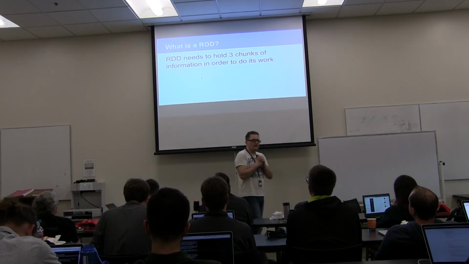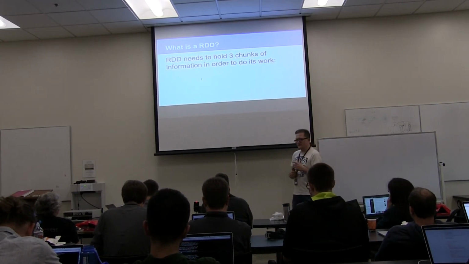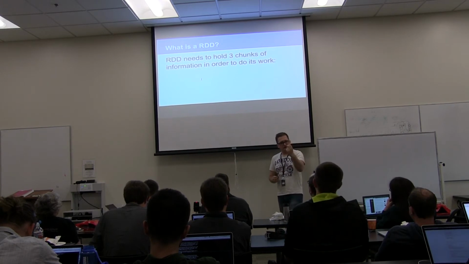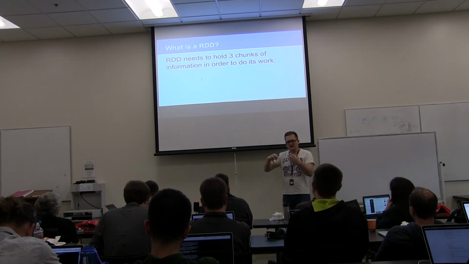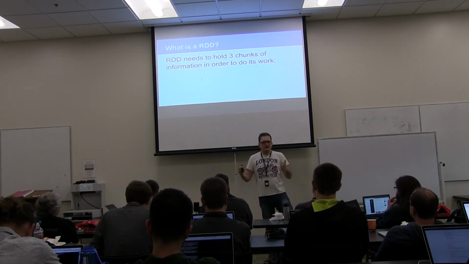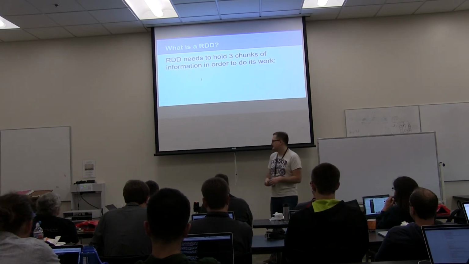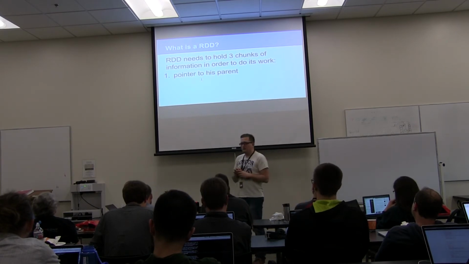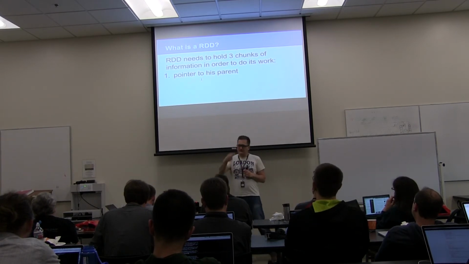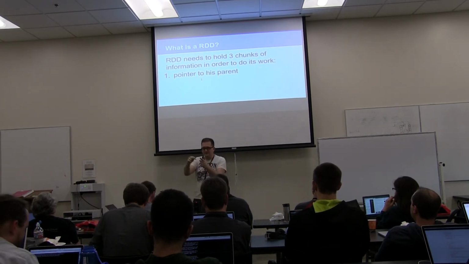So in order for an RDD to be computed, it needs 3 pieces of information. As you remember, RDD is a trait, an interface for Java developers, with different implementations of that trait. If you want to construct a new RDD that will work in Spark, that would be a cool exercise. We need 3 things. The first one is the pointer to a parent, because we create a new RDD with flatMap, filter, map.